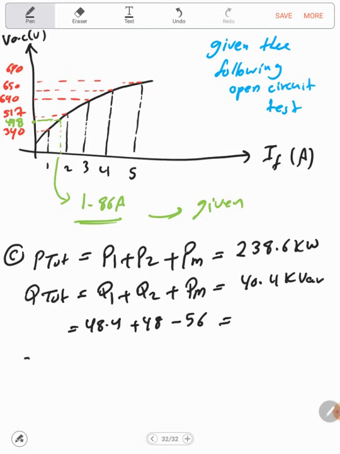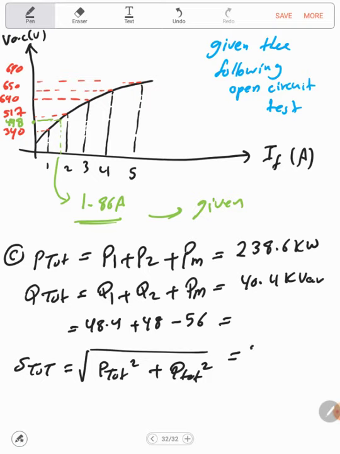So as total apparent power, it will equal P total square plus Q total square, and if we do the math, this will equal 242 kilovolt ampere.